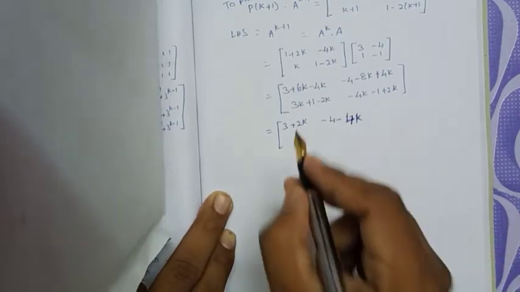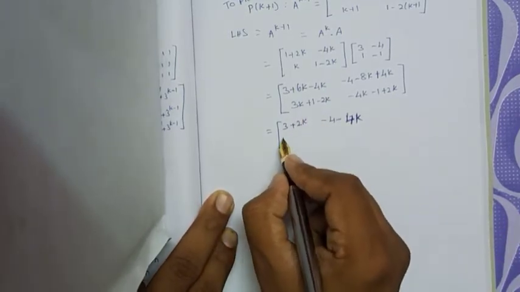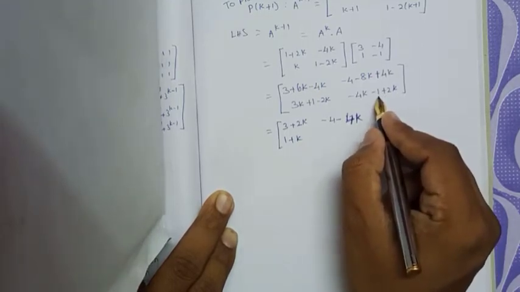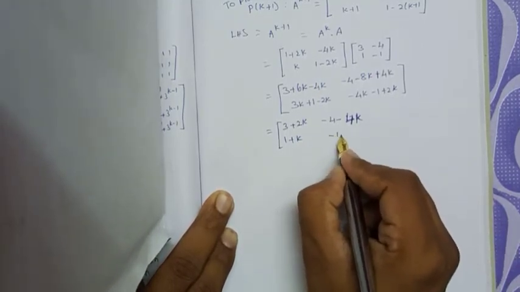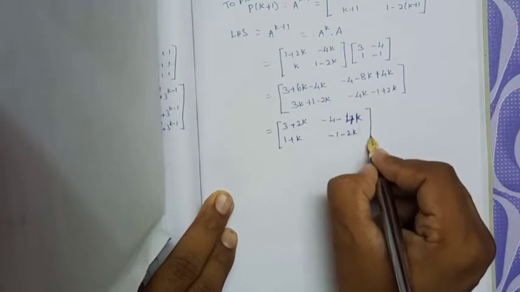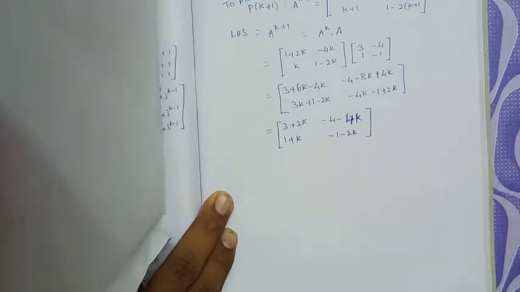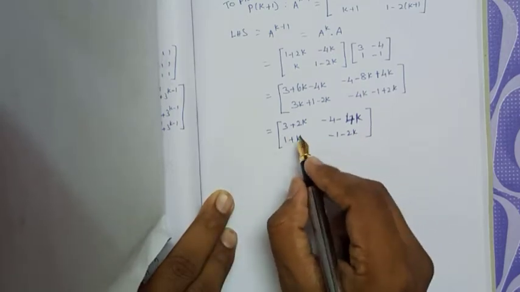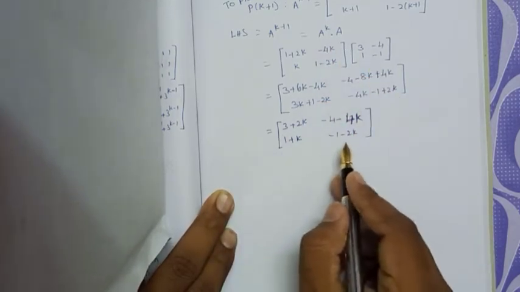Here we get 1 plus k, and here minus 1 minus 2k. Okay, so this is A power k plus 1, and that is A power k into A we get.